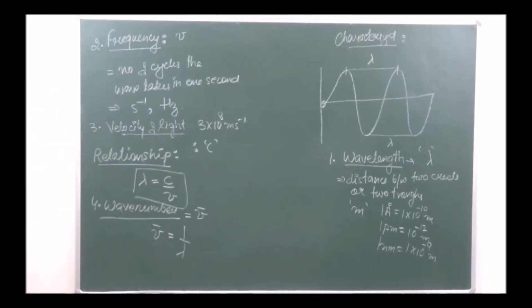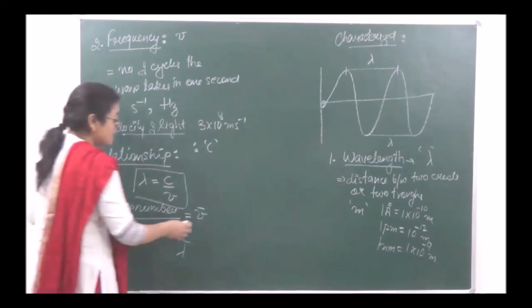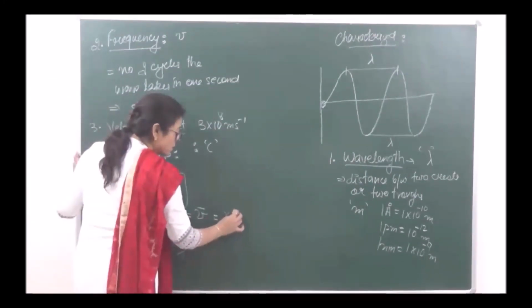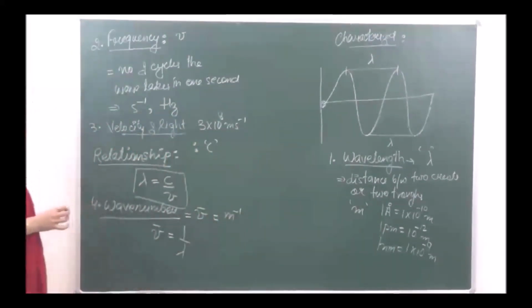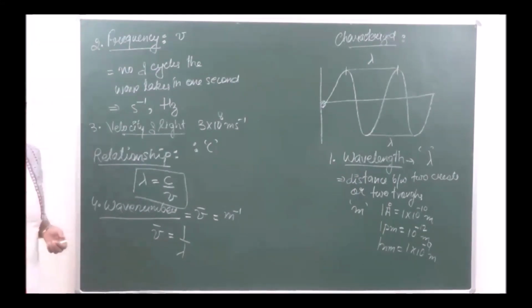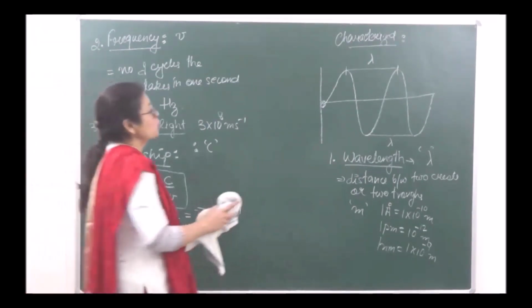So we will have the unit of wave number as per meter. Then after wave number we have another characteristic which is known as amplitude.